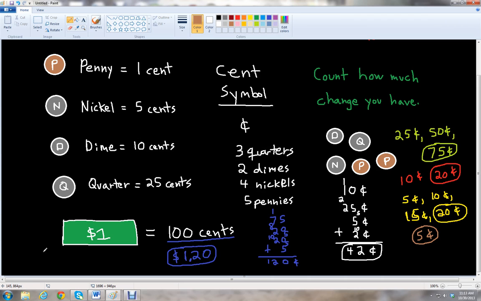So we can say that 100 pennies equals $1. So 100 pennies equals $1.